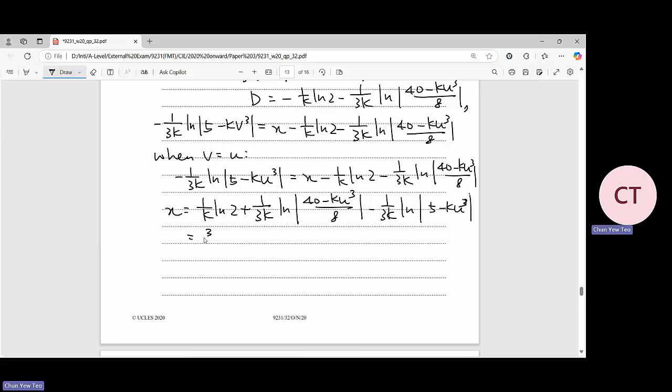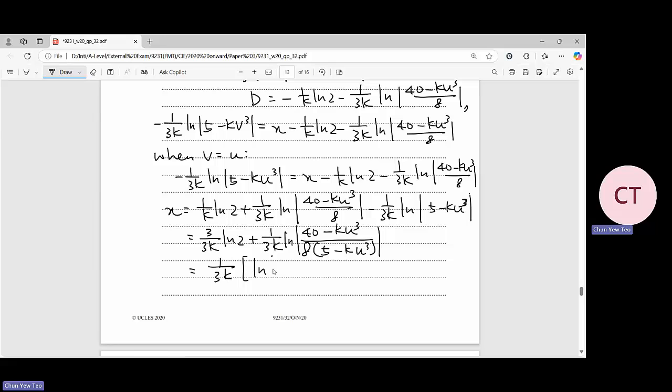We should multiply here by 3. So we can combine them together, become 40 minus ku cubed over 8 of 5 minus ku cubed. Then join together. This will be ln of this one. Oh, there's a ln here. I forgot to write down the ln.